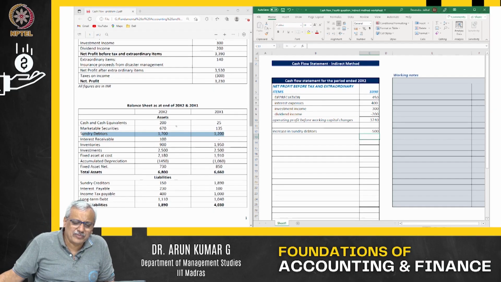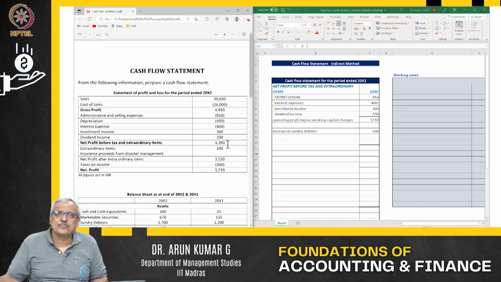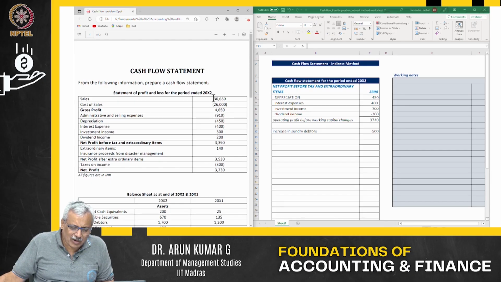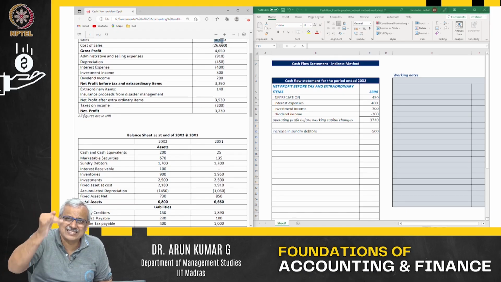In simple terms, the sale is 30,650. Based on 30,650, you have got a profit of 3390. Now, if the entire thing was in cash, this 3390 would be the exact cash you would have. But unfortunately, the 30,650 is not entirely cash, some part of it is credit. Last year was 1200, this year it has become 1700, so it has increased by 500.